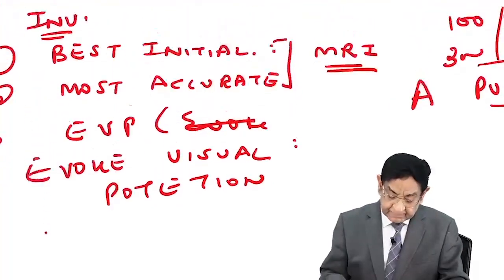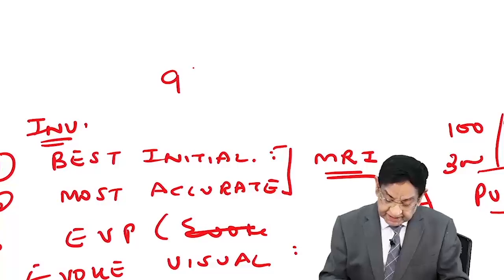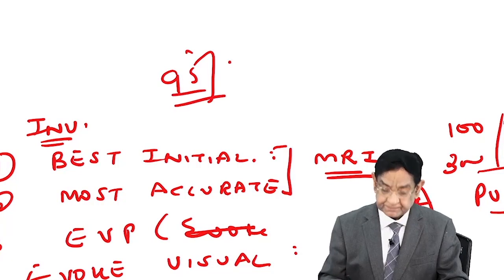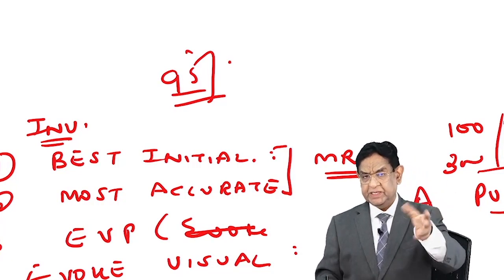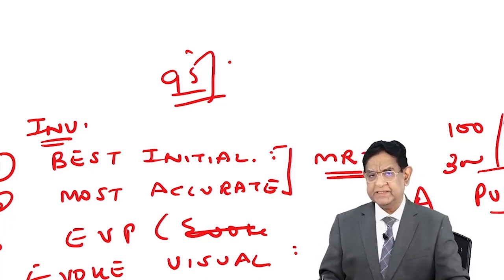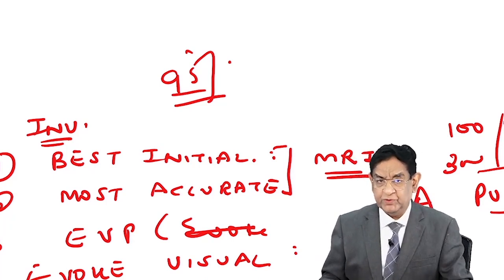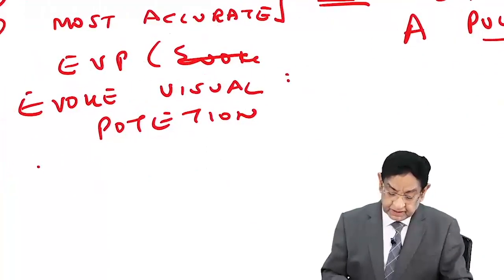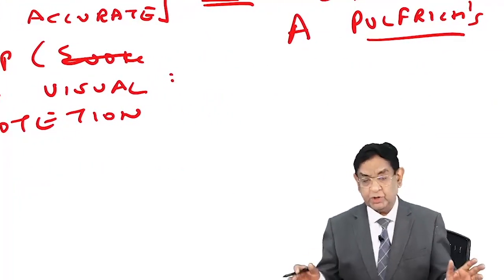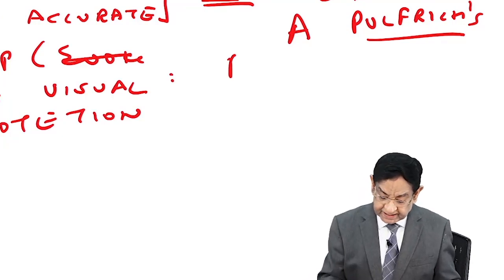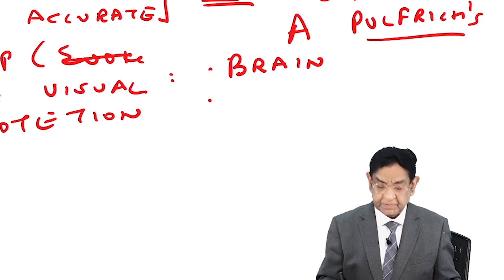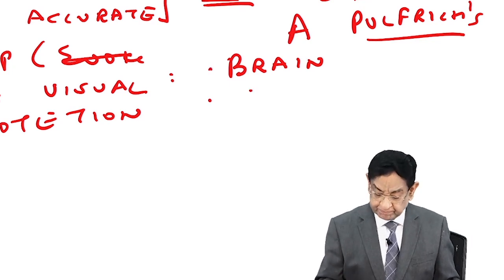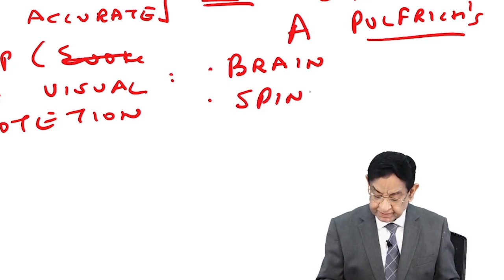Now MRI is positive in 95% of cases. It can give you evidence, but in 4 to 5% of cases, even MRI may not give you important features. Whenever we talk about MRI, brain MRI is done beyond doubt. But otherwise, we can go for spine MRI.